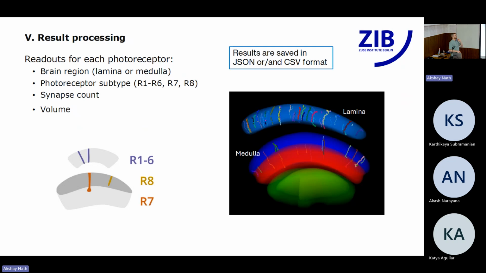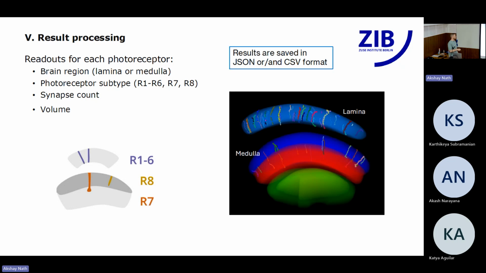Okay, so now we have come through the processing of all of these channels, and we have a good segmentation of the brain regions, of the photoreceptors, and also the synapses. So now we actually have to make some meaningful biological readouts from this.